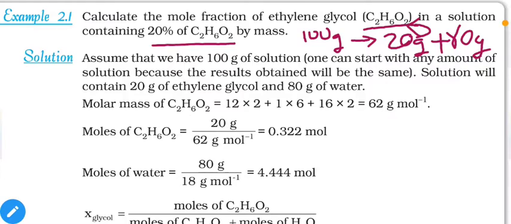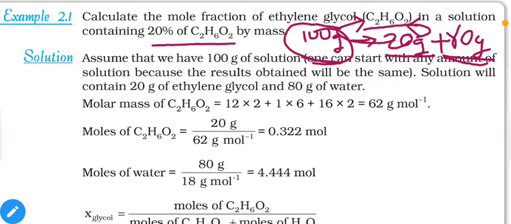If nothing is mentioned, then water will be the solvent. If a specific solvent is mentioned, then we have to calculate according to that solvent, but here nothing is mentioned, so we considered 20 grams as the mass of ethylene glycol and 80 grams as the mass of water, and the total mass of the solution will be 100 grams.